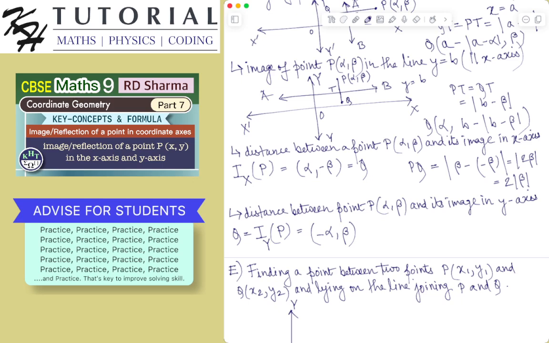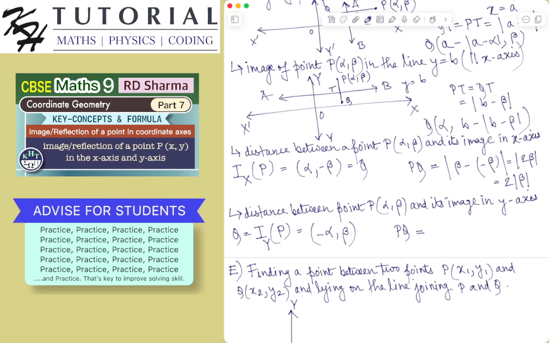So now what will be PQ? That is the distance between the point P and its image Q in the y-axis. Now in this case, note that the points P and Q will lie on a line which is parallel to the x-axis, since we are taking the image of the point P in the y-axis. The line joining the points P and its image Q will be a line parallel to the x-axis.